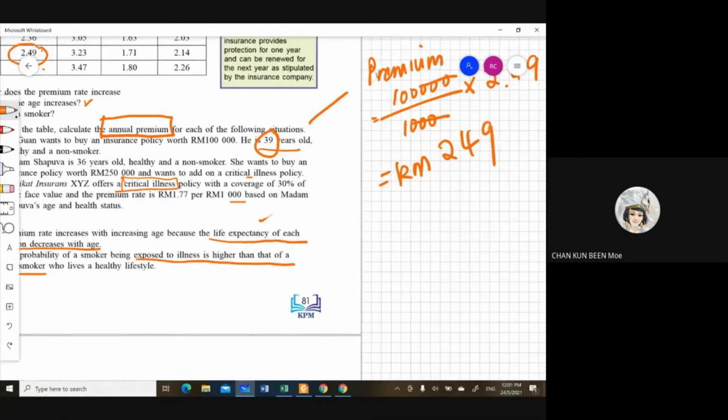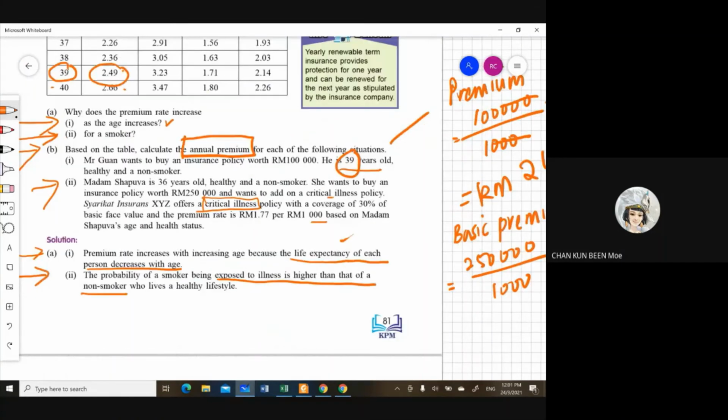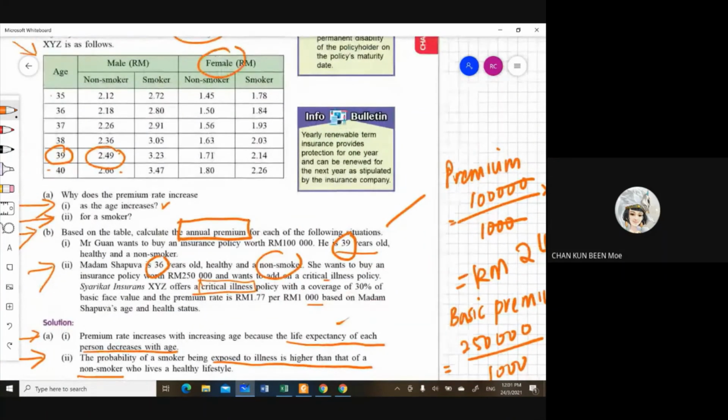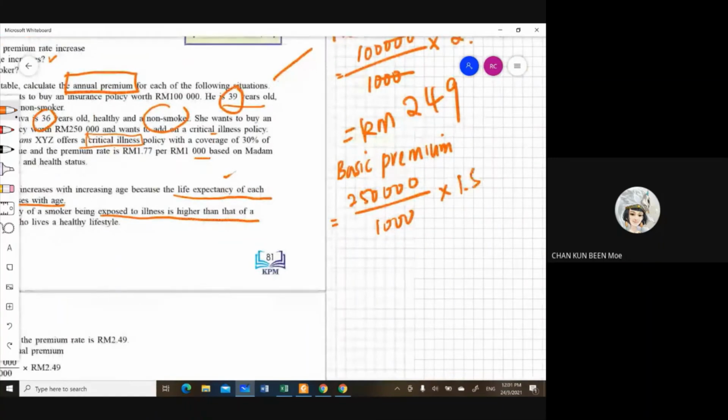She just needs to do the calculation from here, whereby the basic premium is equal to 250,000 over 1,000 and multiplied by, if you look at her age and also the category, non-smoker. She is 36 years old. Look at female, 36 years old, non-smoker is 1.5. So you multiply by 1.5 over here. That is the basic premium.